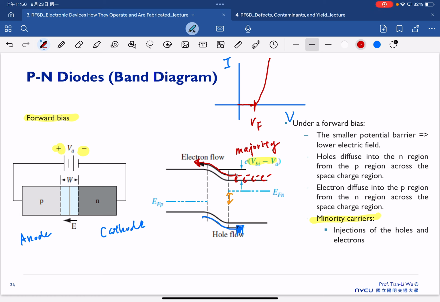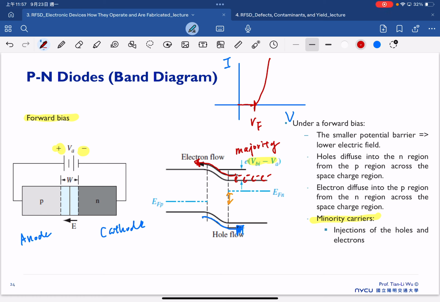But we can use an example: if we look at male students versus female students in NYCU, which one is the majority? For sure, the male students. NYCU is very famous for having a huge number of male students compared to female.